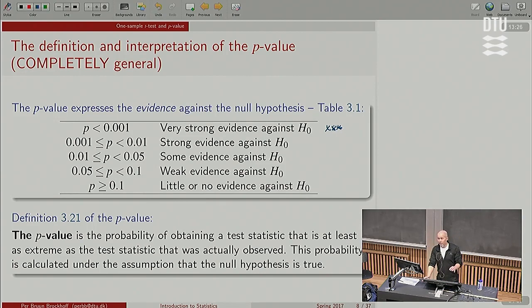We call that a very unlikely event given the null, assuming the null. Or differently put, we would call such a very small p-value a very strong evidence against the null hypothesis, right? So, with a very small p-value, basically we have proved our point. That's what the scientists are all looking for, aiming for.